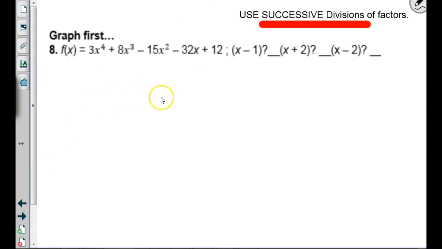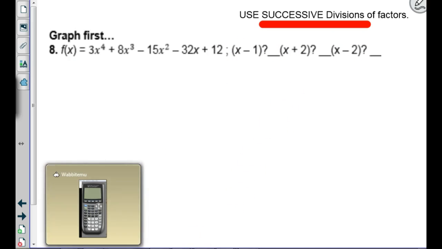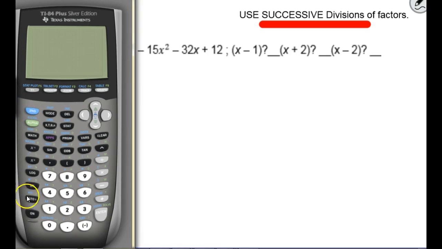We are going to do this, and they want us to do successive divisions. Can somebody graph this real fast first? Because it says we should graph it first because we want to know which ones are going to work. If they're not all going to work, we don't want to do them because we're just wasting our time.